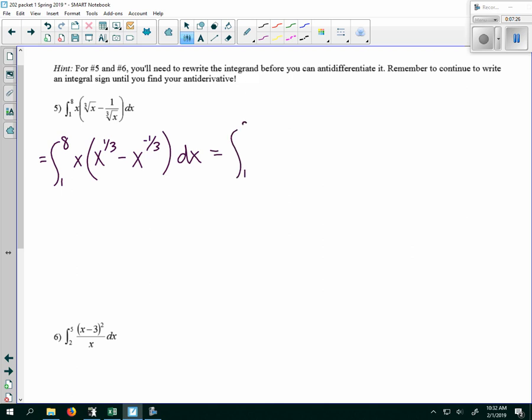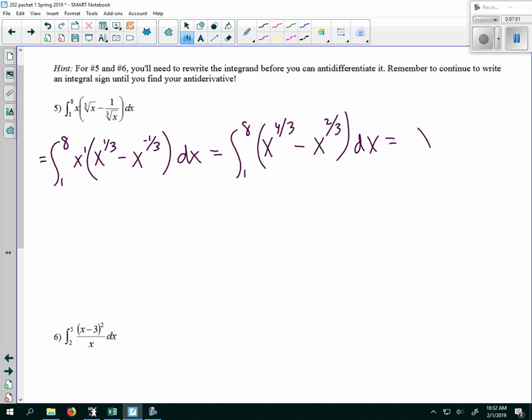All right, then I'm going to distribute that x in my integrand. So I have 1 to 8. That's an x to the first, and when you have like bases, you add the exponents. So this is going to be x to the 4/3 minus x to the 3/3 minus 1/3 is 2/3 dx. Now we need an antiderivative, so that means add 1 to the exponent and divide by the new exponent.